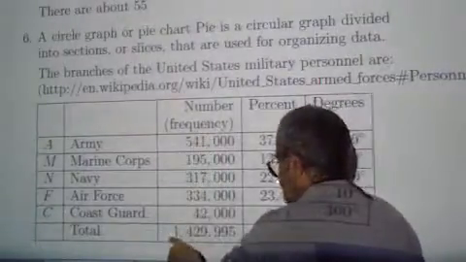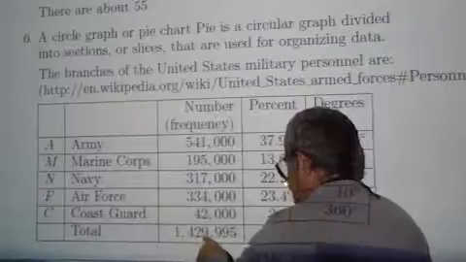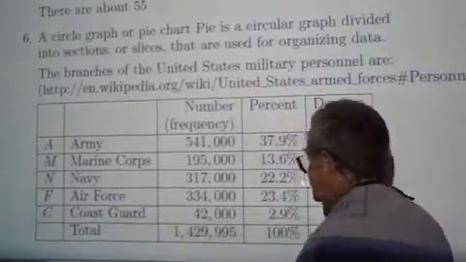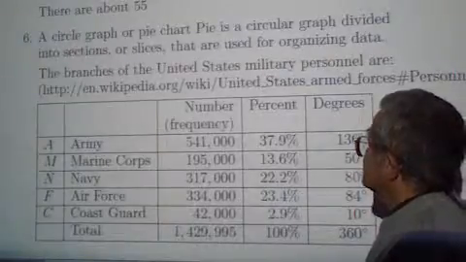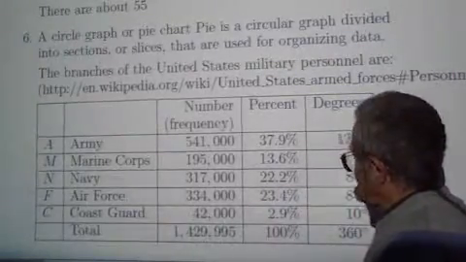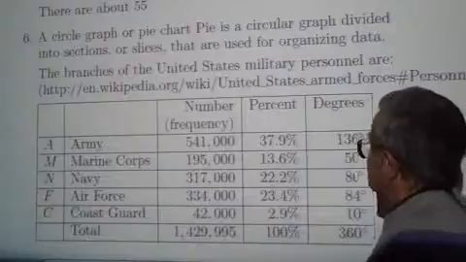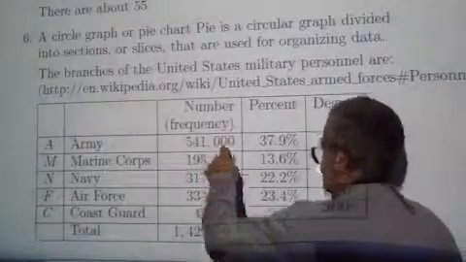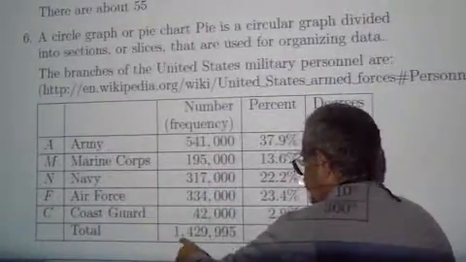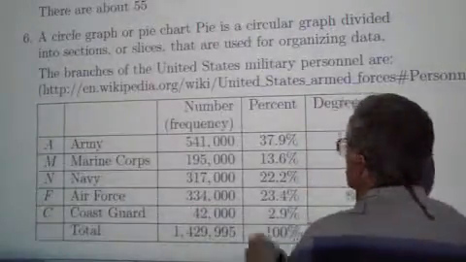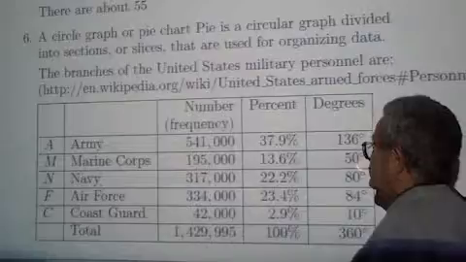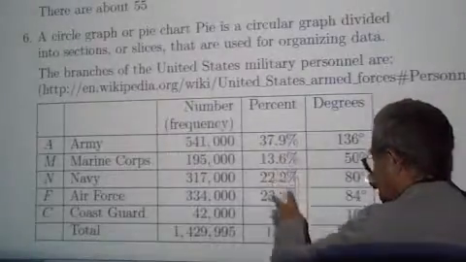If you add all these up, you're supposed to get 1,429,995 personnel in the armed forces. If you convert that to a percent, what does 541,000 of 1,429,995 give? Apparently 37.9%.